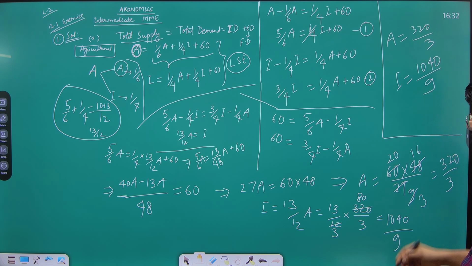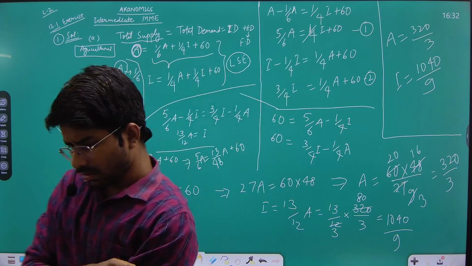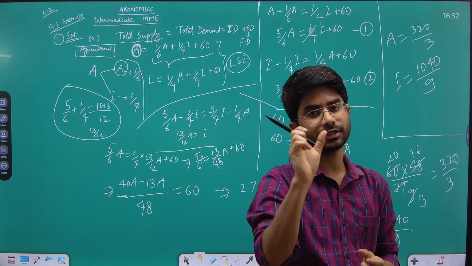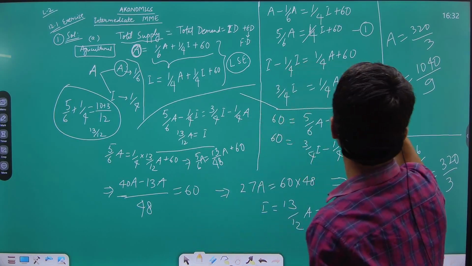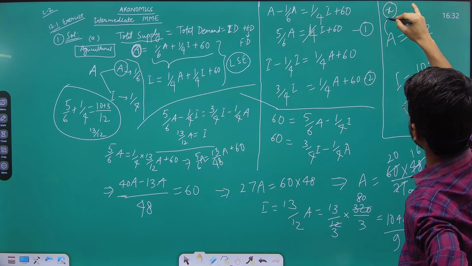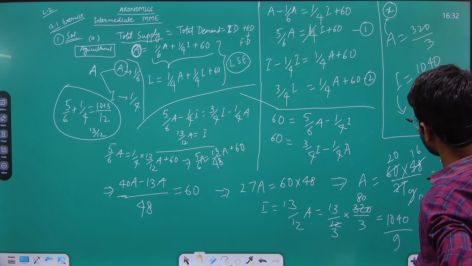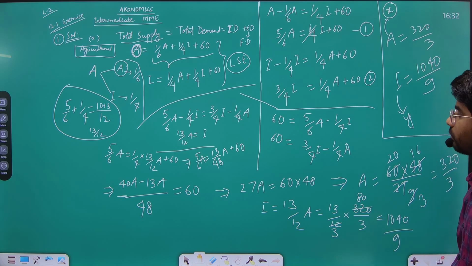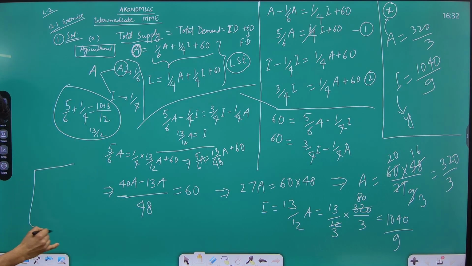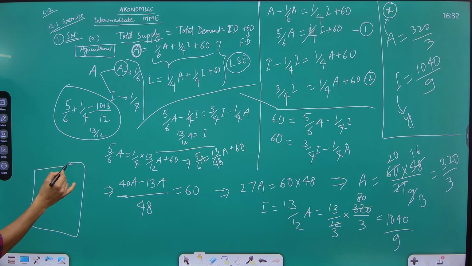Suppose you want to represent the production in industry A by say X. So you can write X in place of A. In place of I, you can similarly use another notation Y. If you want to write in terms of X1, X2, then whatever the production in industry A is can be represented by notation X1.